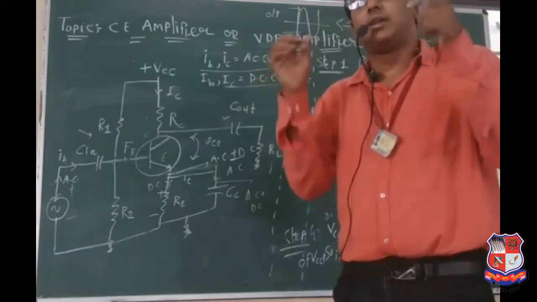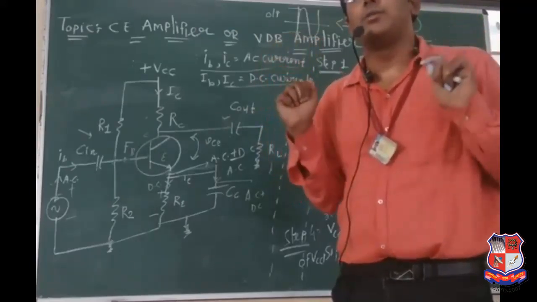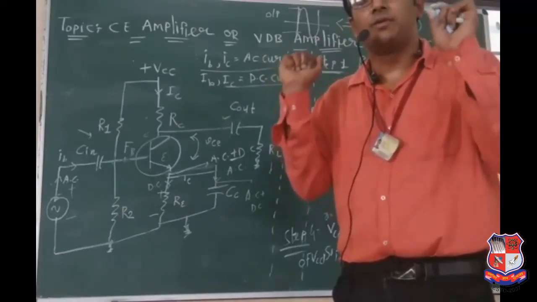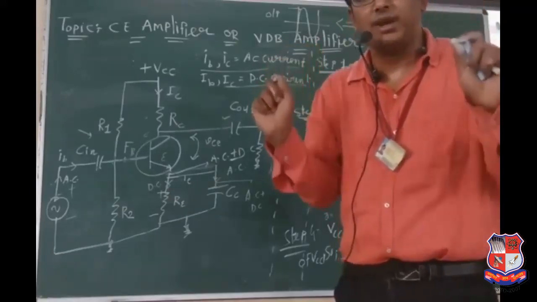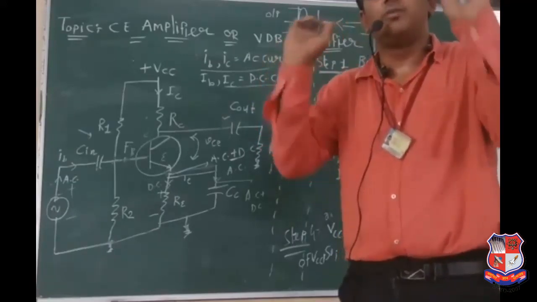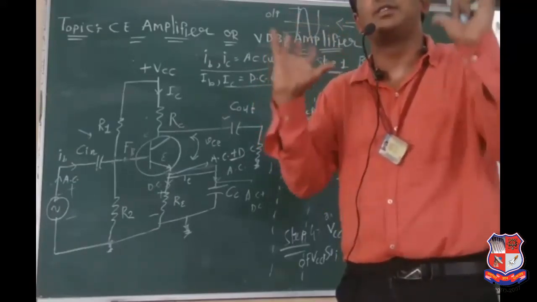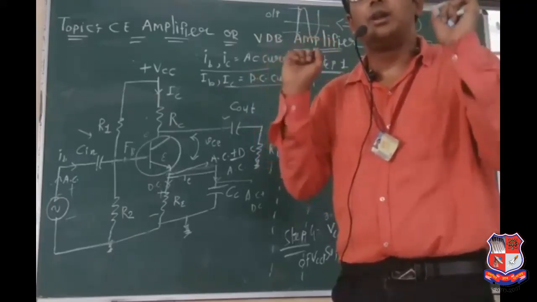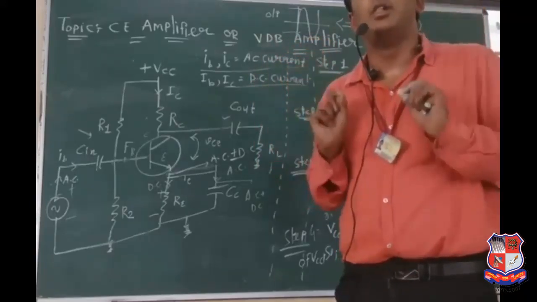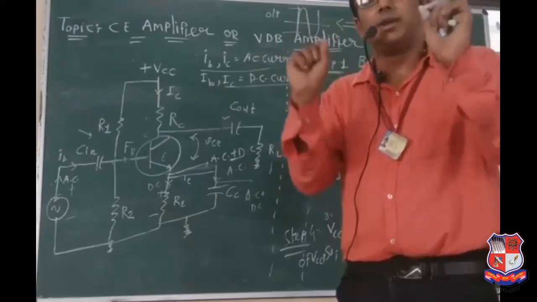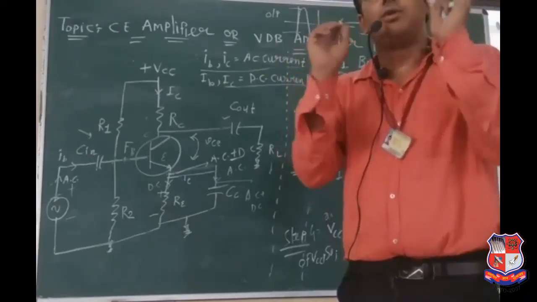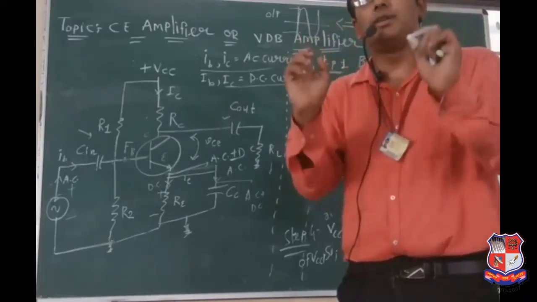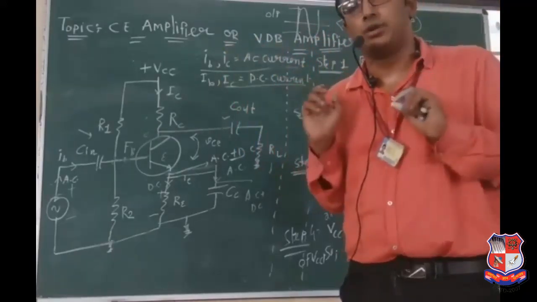If the collector current is decreased, then we cannot get sufficient output. So for the purpose of amplification, it is required to maintain the input voltage at a sufficient level. In simple English, we want to control the input voltage. If the input voltage is not controlled, then the output voltage is not controlled.